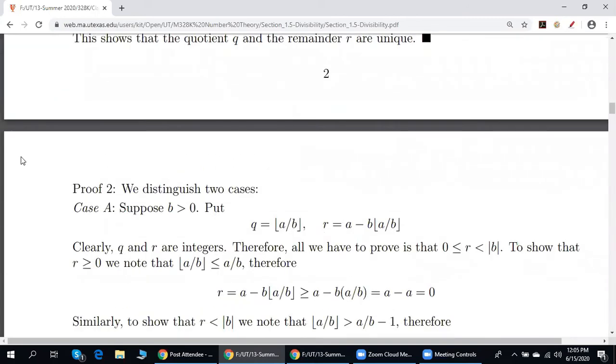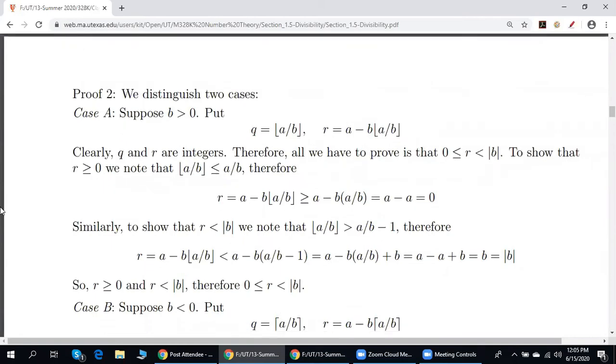Next, proof 2. In proof 2, we distinguish 2 cases. Case 1, b is greater than 0. Case 2, b is lesser than 0. Suppose b is greater than 0.